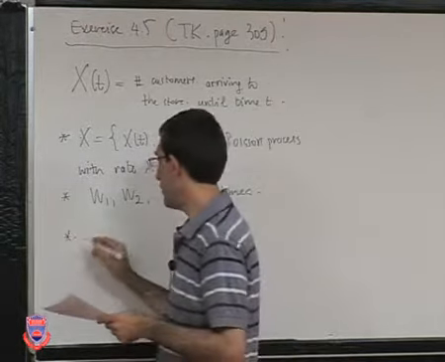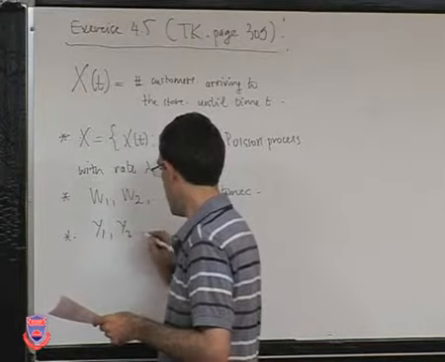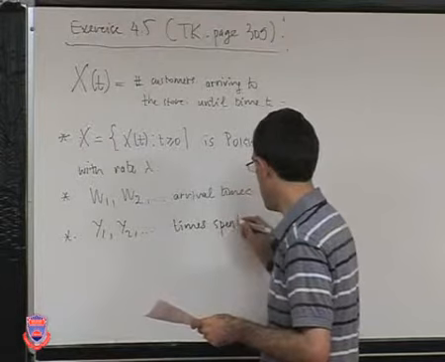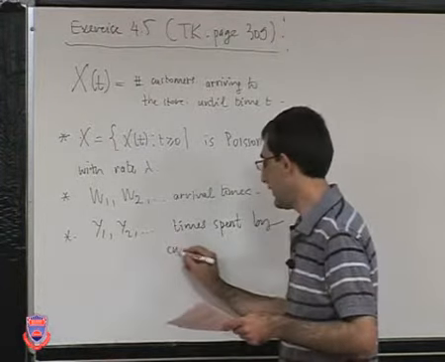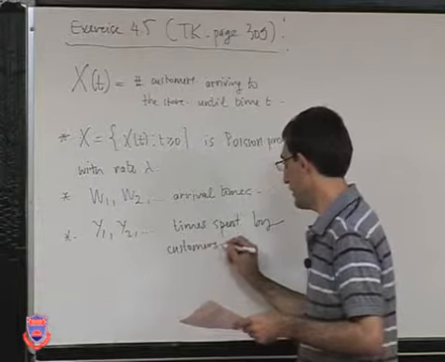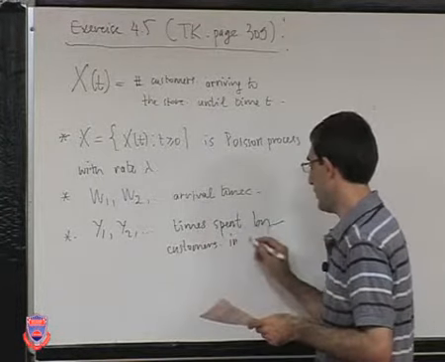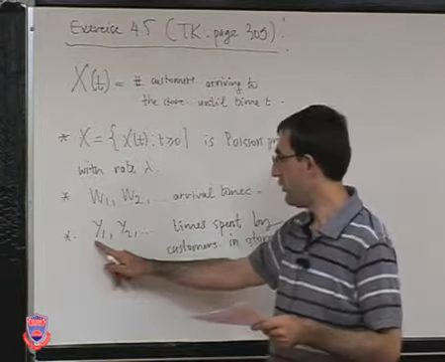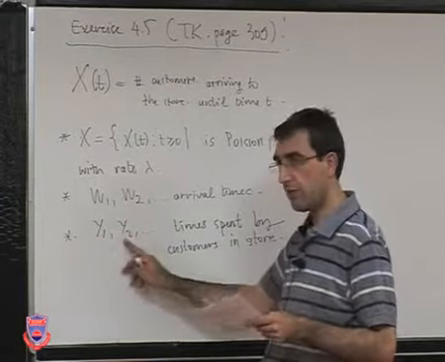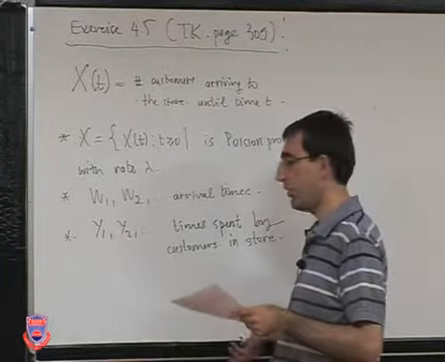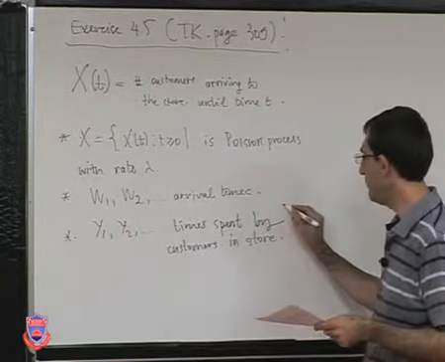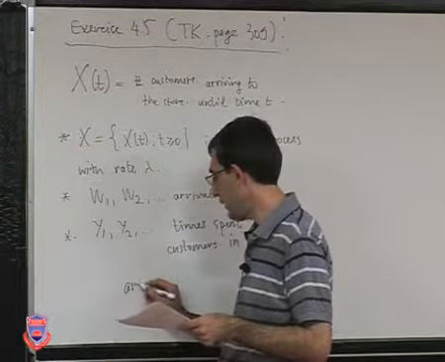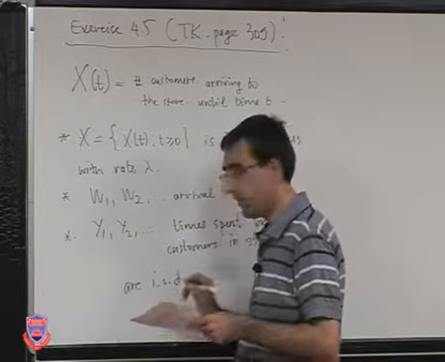And then let me also denote by Y1, Y2, and so on, the times spent by these customers in the store. So this is the time the first customer spends in the store, this is the time that the second customer spends in the store, and so on and so forth. So what did we learn from the question? All these Y1, Y2, and so on are independent and identically distributed.